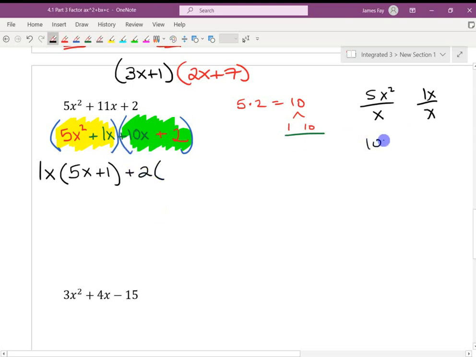So what is 10x divided by 2? What's going to be left over here? 5x, and then 2 divided by 2 gives me 1. Again, the goal is for what's in the parentheses to be the same. So that becomes one factor. And then x plus 2.